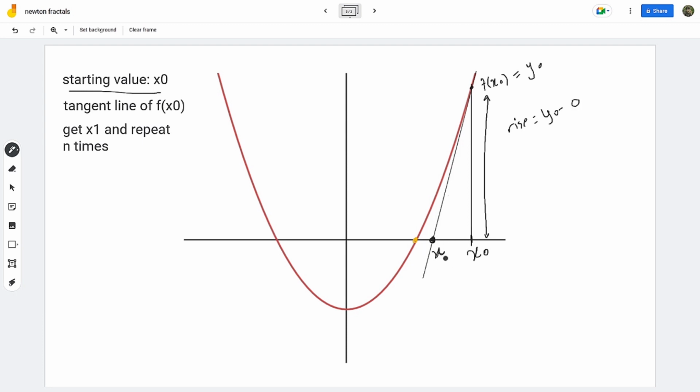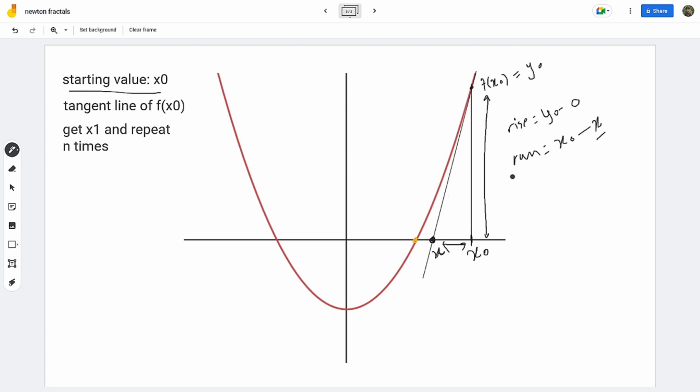And the run, which is this thing right here, is x0 minus x.